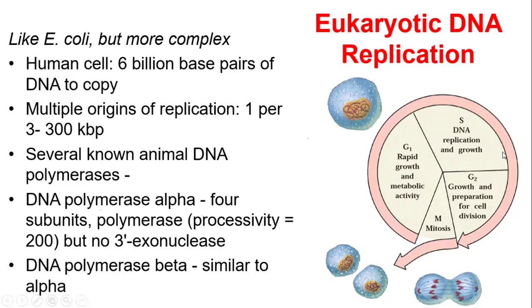Then essentially is the S phase, where this process of replication takes place, with DNA replication and growth. Then it moves to G2, where you have growth and preparation for cell division, and by the time it enters the M phase, the mitosis phase, the cell will divide into daughter cells.